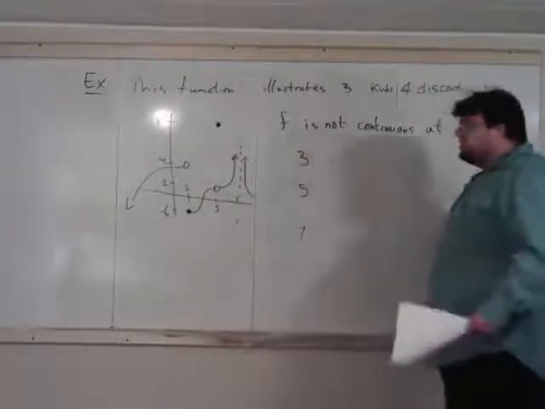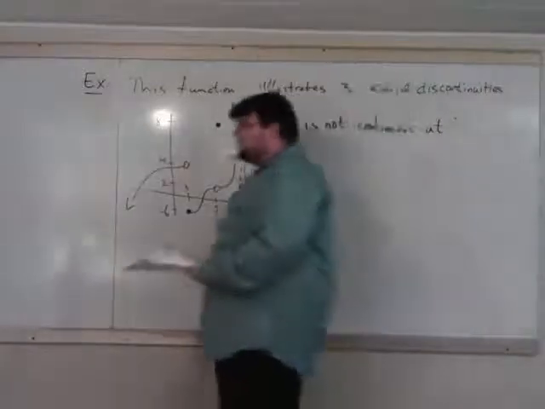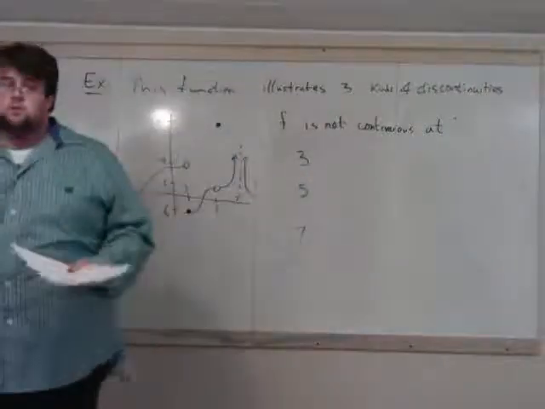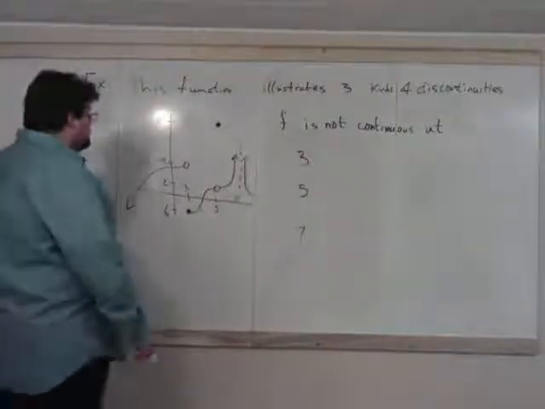Now, why is it not continuous using limits? Remember, the definition of continuous said that the limit must equal the function at the point, and they must not be infinity. Well, what happens at 3?